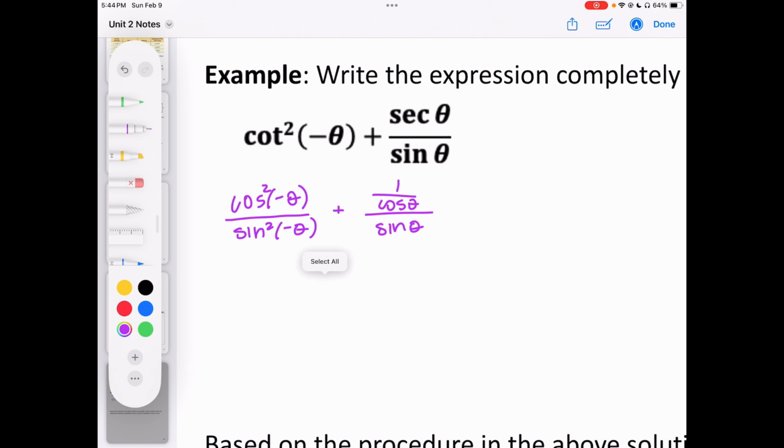Now I think it's time to move those negatives out or ignore them completely. For cosine, we can ignore it. For sine, we can bring it out to the front. We can bring down the rest, or actually we'll go ahead and simplify. So 1 over cosine over sine is going to be 1 over cosine theta times sine theta.